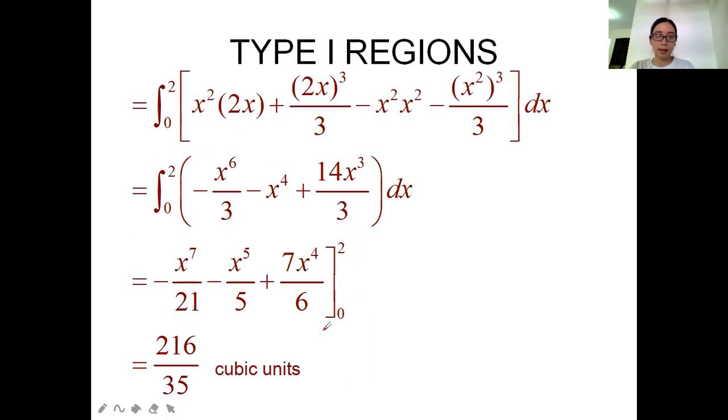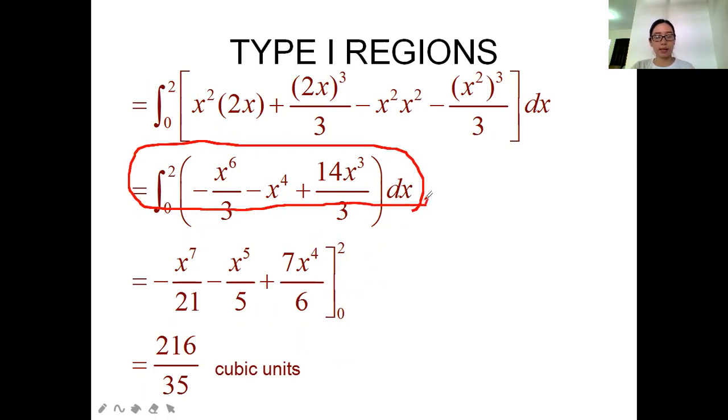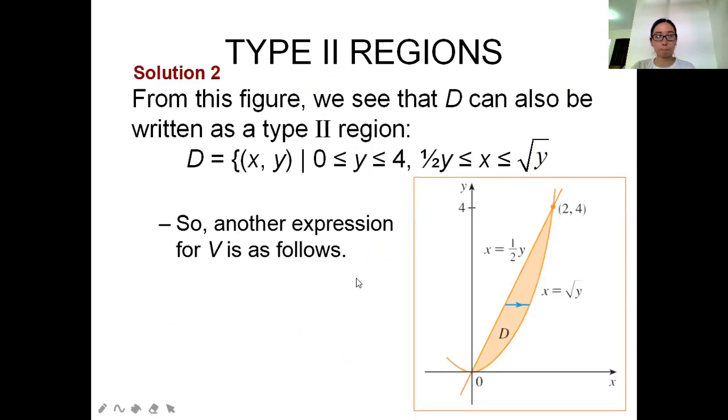By applying that and simplifying the equation, we have negative x to the power of 6 over 3 minus x to the 4th plus 14 x cubed over 3. Then we apply the next integration from 0 to 2, so the final answer is 216 over 35 cubic units.